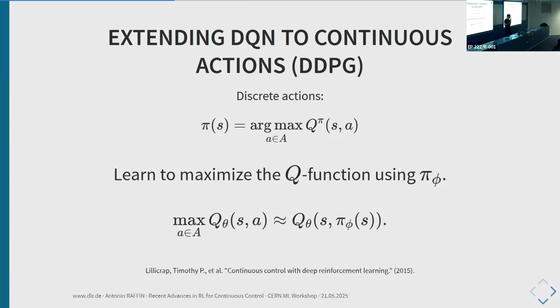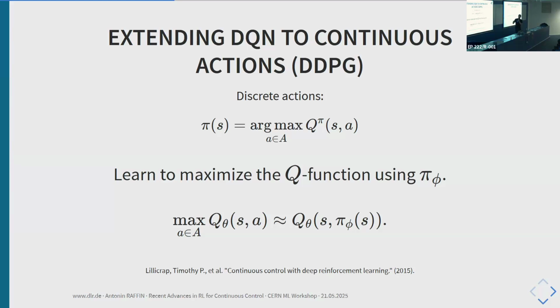This is the controller that you want. This is what you need. And basically, the idea of deep deterministic policy gradient, or DDPG, is really to approximate the maximum using another network. So phi is the weights of your neural network, and the same for theta here. And you try to learn something that maximizes your Q value.